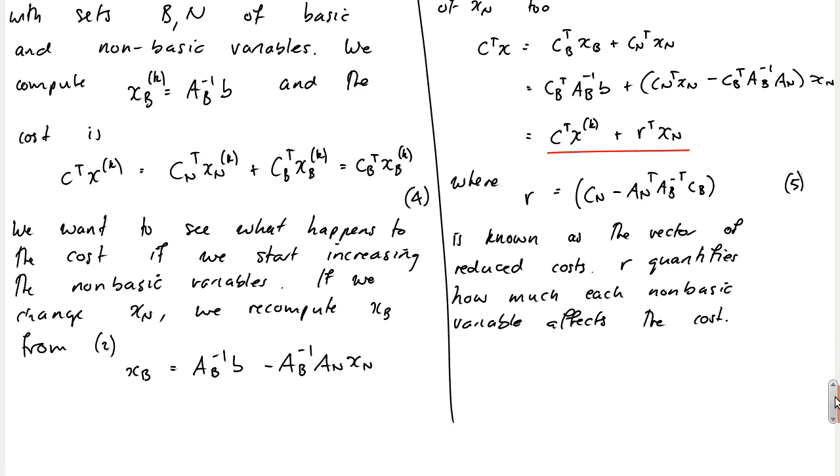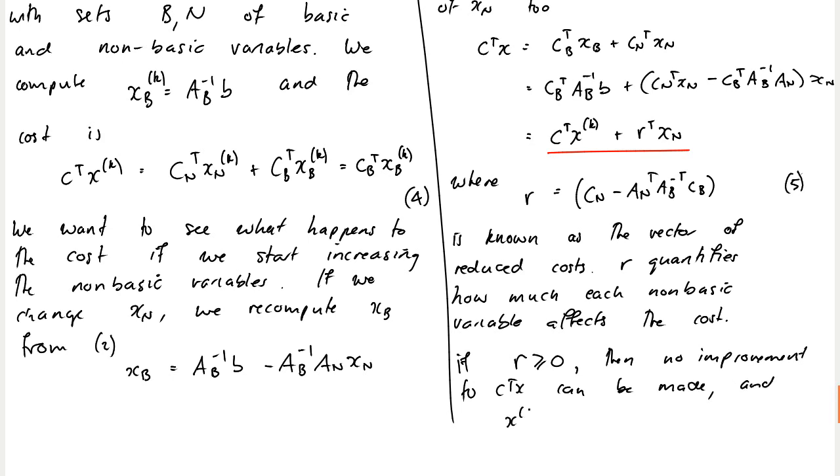So if r is all greater than or equal to 0, then no improvement to the objective can be made, and xk is optimal.